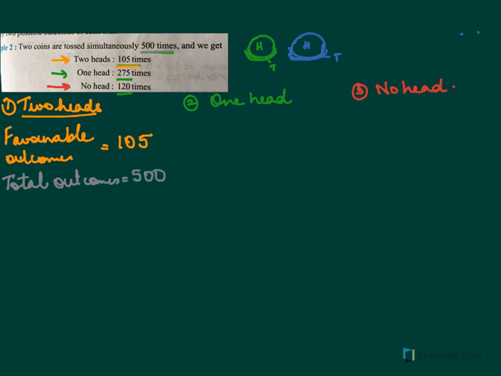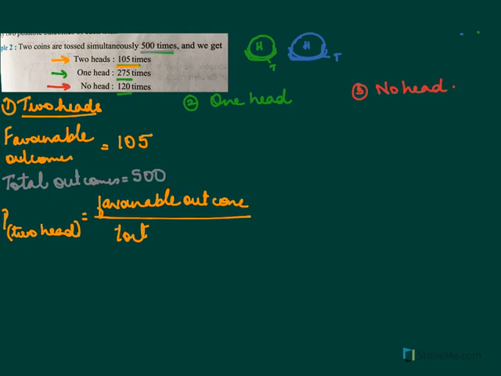So the probability of getting two heads will be favorable outcomes over total outcomes. And that is 105 as favorable outcome over 500 as the total outcome. And when you make it in decimals, it's 0.21.